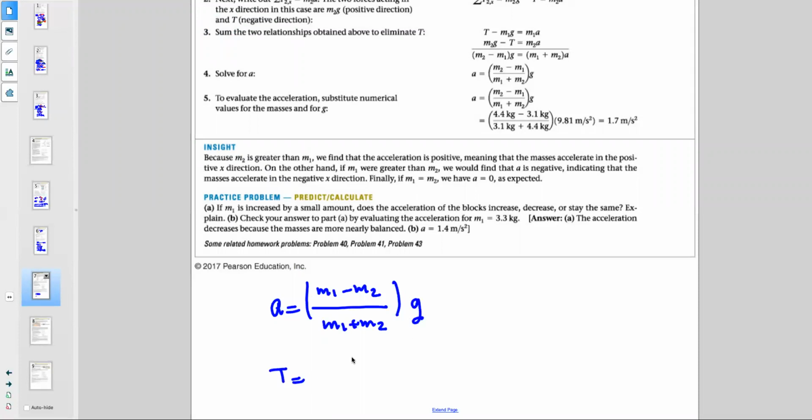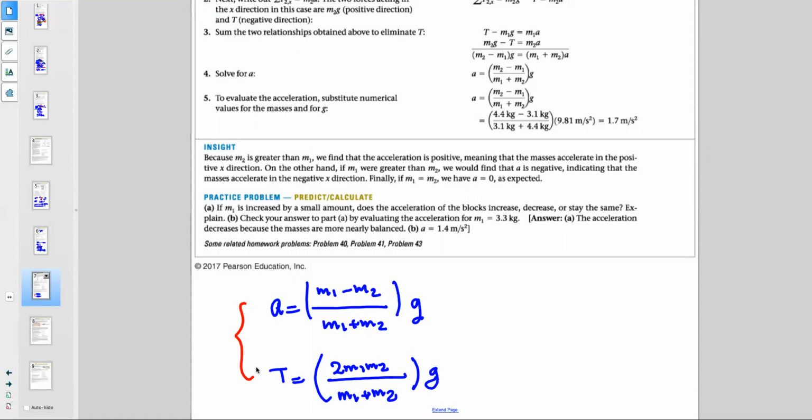And the tension is 2M1M2 over M1 plus M2, also multiplied by g. So this is what we proved in our lecture video.